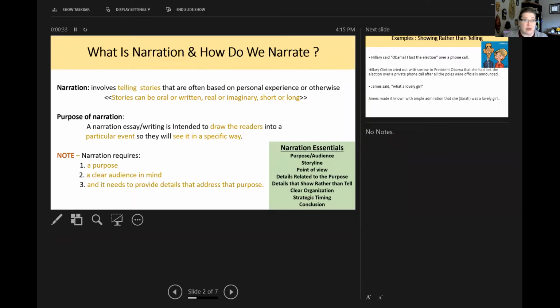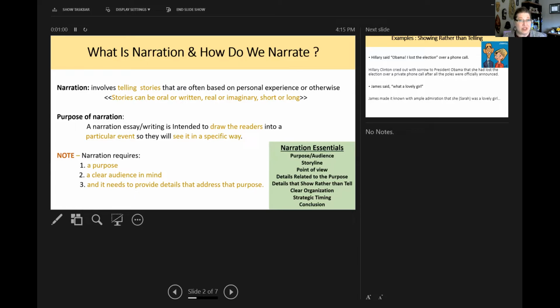Sometimes our stories are written, sometimes they're oral, sometimes we just imagine them. Anybody who writes fiction, then we're reading narratives. They could be short, long, they could be poets, they could be a whole bunch of different things. But the purpose is to draw the reader into the story, into an event, into something that we're describing, so they see it the way that we want them to see it.